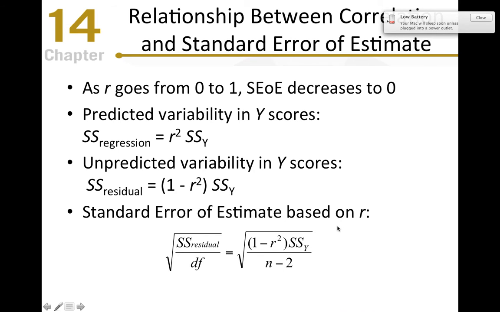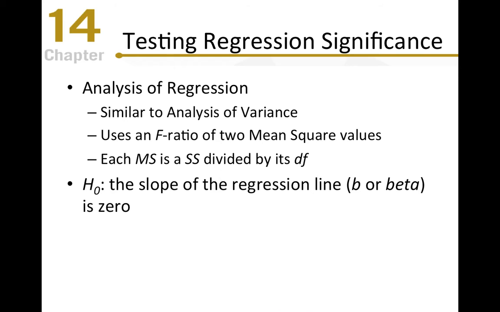The last thing to go over with regression is hypothesis testing. Hypothesis testing for regression is very similar to ANOVA. Regression hypothesis testing uses the F ratio to evaluate two mean square values. And remember that mean square is a sum of squares divided by a degree of freedom. And the null hypothesis with regression is that the slope of the regression line, so the b or the beta, which is a standardized slope, is 0.